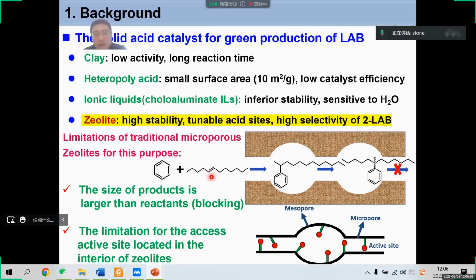And another problem is that for the microporous zeolites, the most powerful active sites are located in the interior of zeolites, which can limit the access between active sites and reactants. So it's leading to lower activity for the zeolite in alkylation.